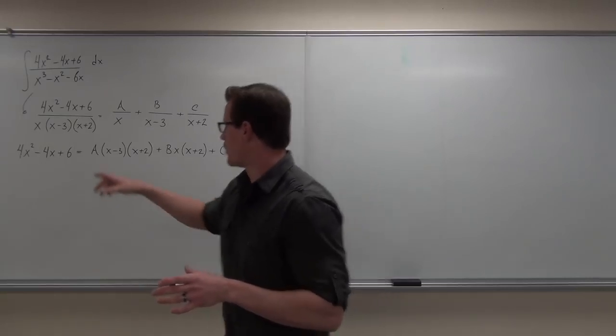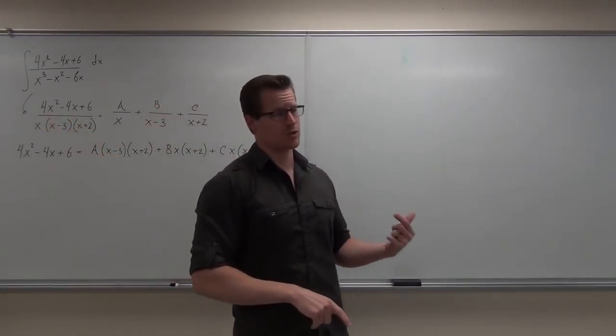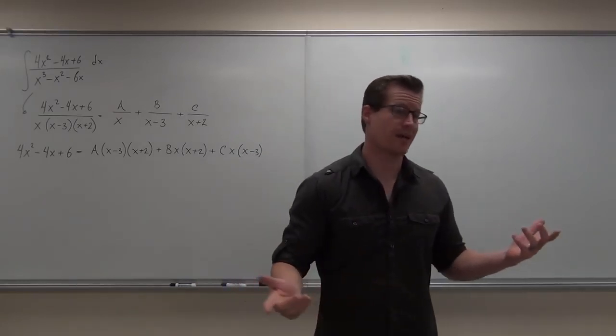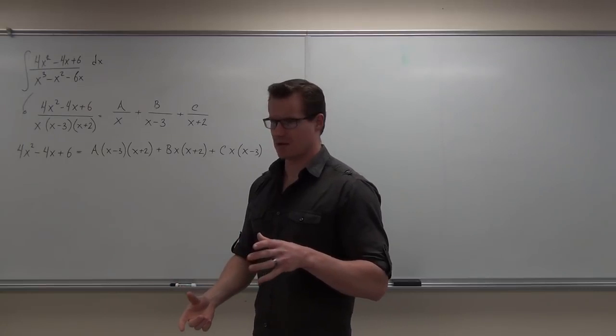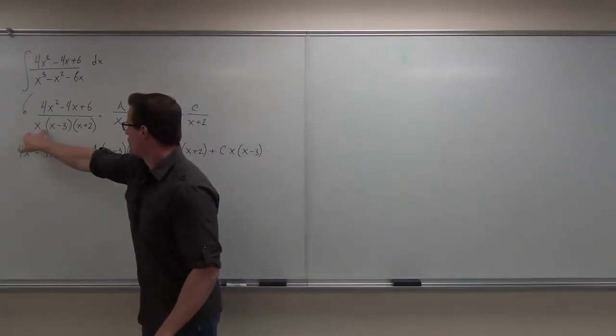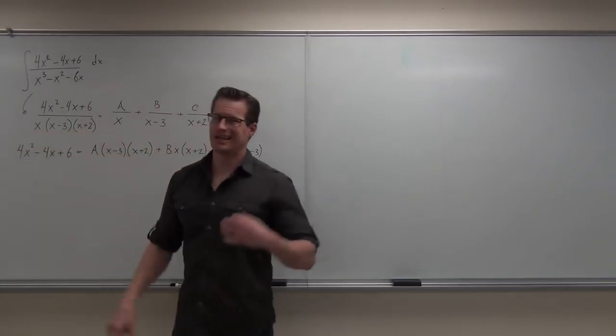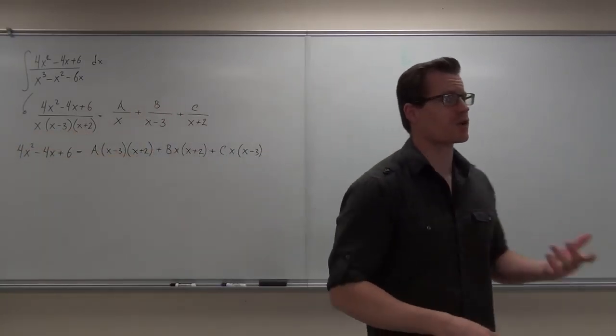It'll be either power 1, like here, here, here, or power 2's that you can't reduce, like x squared plus 4. You can't factor that. So we'd be stuck with it. That would be an irreducible quadratic. Are you guys with me? Okay, so in our case we have 1, 2, 3 linear factors. What that means is we're going to create 3 fractions, one for each of our linear factors.